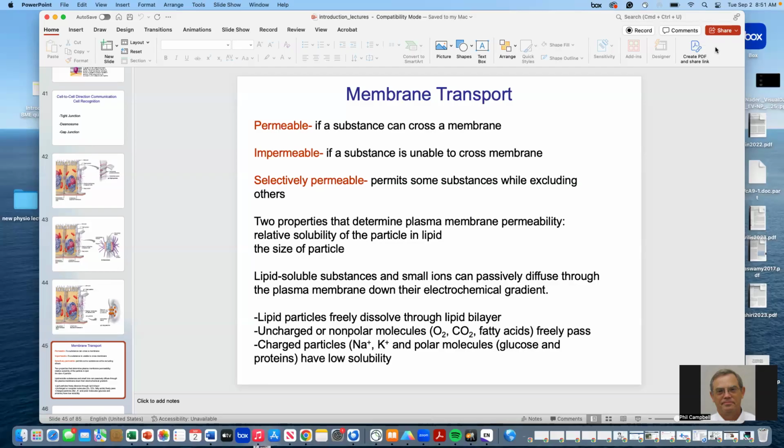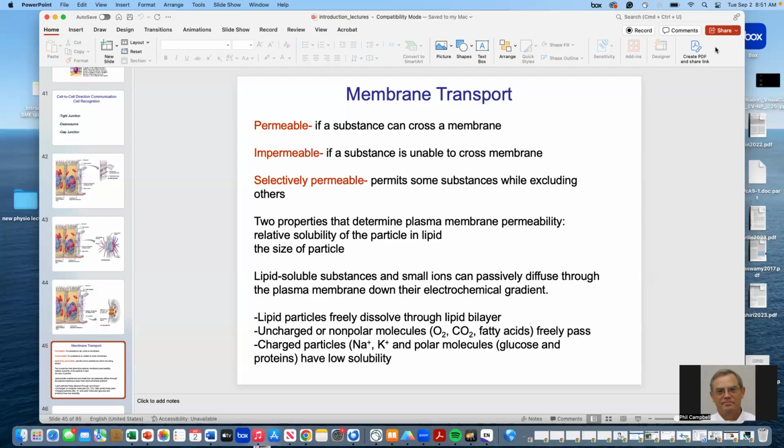Okay? So basically, transport is a function of two things, again focusing on the phospholipid bilayer. It's a function of its hydrophobicity, or just the opposite. If it is soluble in lipid, which means hydrophobic, it can pass between those phospholipids, so it can be directly transported.